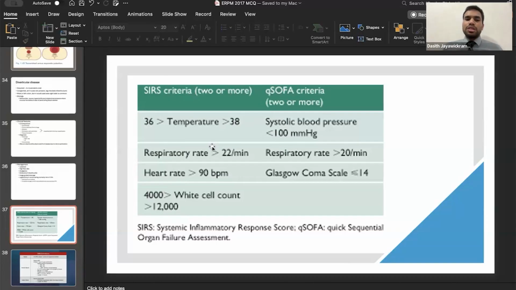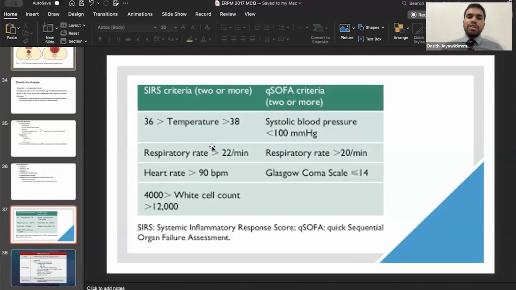Sorry for the typo in this. Respiratory rate more than 22. Heart rate more than 90 beats per minute. And white cell count of either leukopenia, less than 4,000, or leukocytosis, more than 12,000. So that is the SIRS criteria.